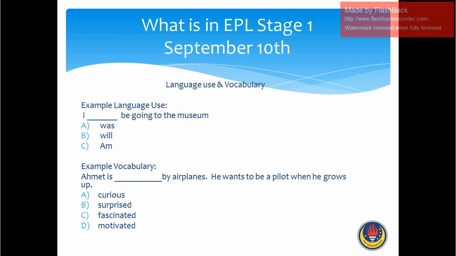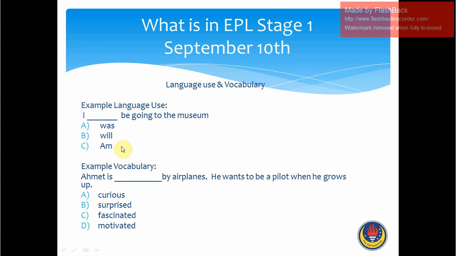Now this is an example of what is in the EPL. We're testing two things here, the language use and vocabulary. So language use means grammar. So we're testing your grammar and your vocabulary. Here's an example of a grammar question here.